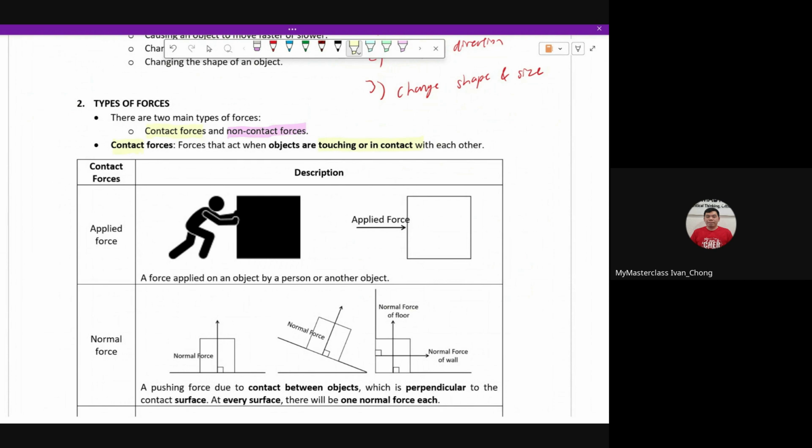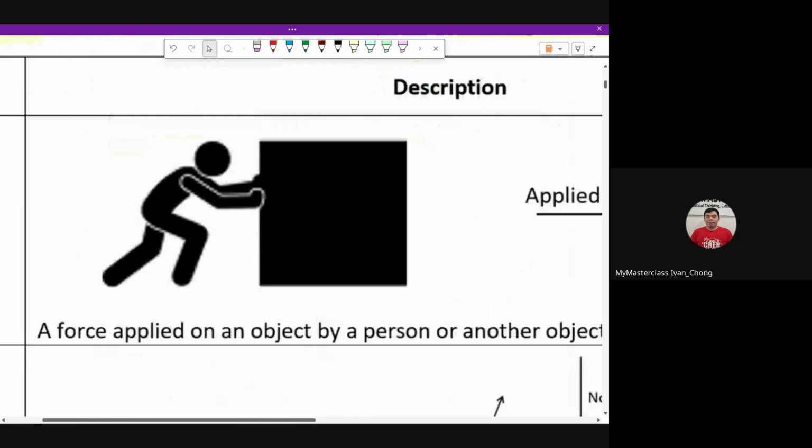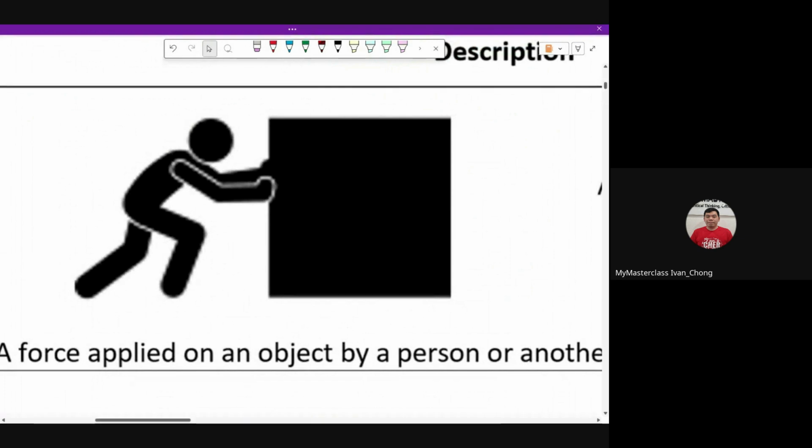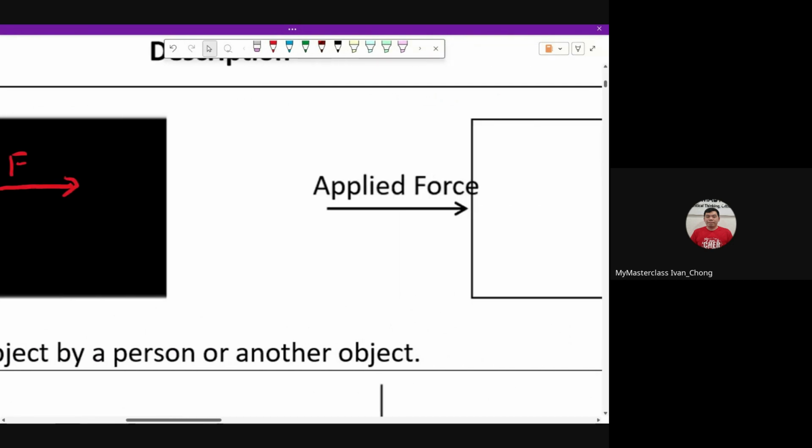Whenever you have a contact force, all the forces are drawn from the surface of the object. You can see over here when we push the box, there will be a force over here, or you can also draw the force towards here.